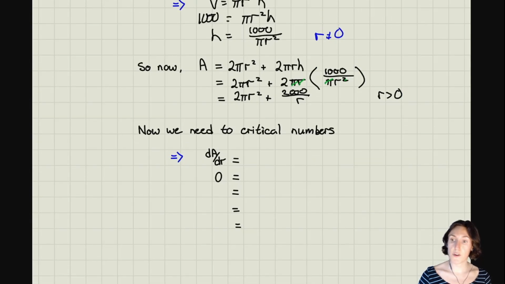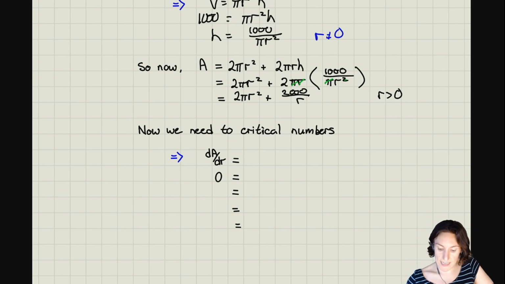So now I have a function that I can actually minimize. I need to find my critical numbers to do so. So if I take the derivative of the area, I have 4 pi r. I'm only looking at the rate of change with respect to r, so I'll bring down the 2, so 4 pi r. And then remember, 2,000 over r, we can think about this as 2,000 r to the power of -1.